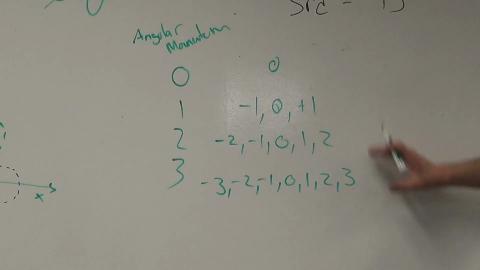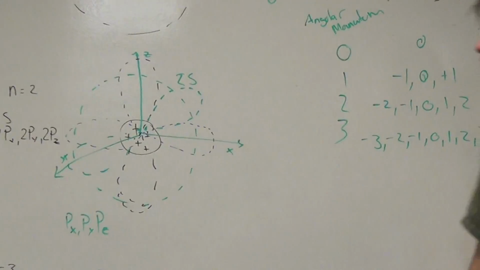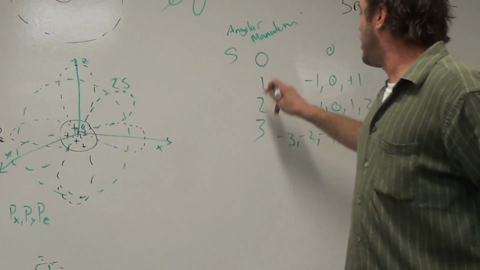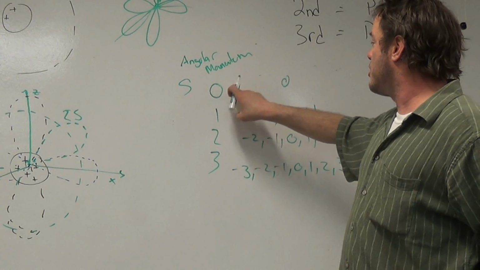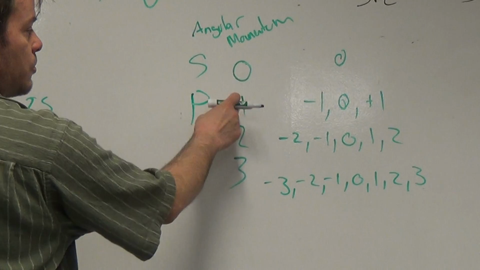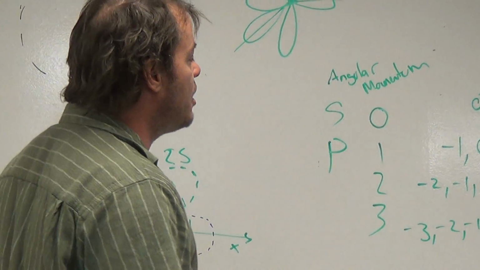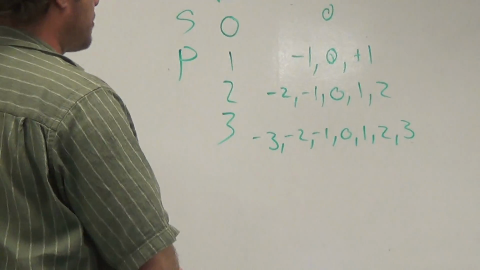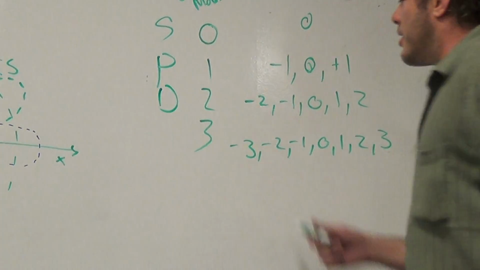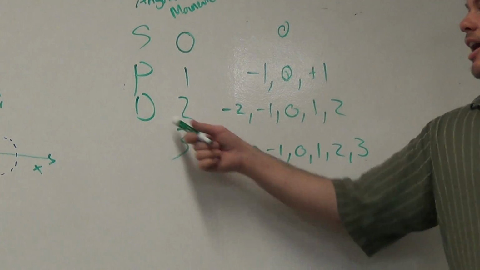And so the angular momentum is what gives rise to these orbitals of degenerate energy. The s orbital has a value of 0, and there's only one s orbital. The p orbital with number 1 can have -1, 0, or +1 for its orbital angular momentum, and so there are 3 different p orbitals. With the d orbitals, quantum number 2, you can have -2, -1, 0, 1, or 2, and so there are 5 d orbitals.